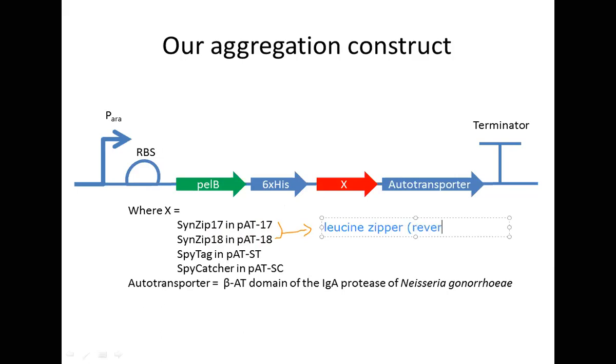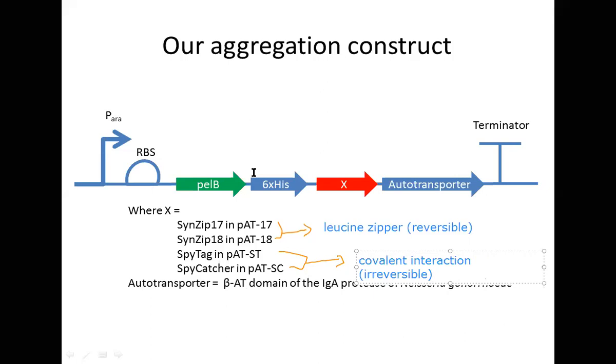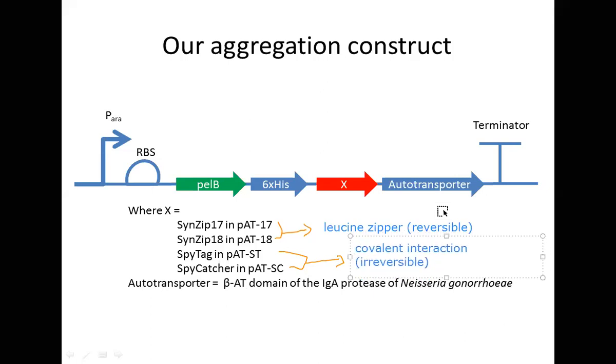So this is a reversible interaction, and then SpyTag and SpyCatcher, which, as we've previously said, results in a covalent interaction, which is irreversible. All right. Okay. The autotransporter in this case, I think this is actually a mistake. I need to correct it in my notes. But there is a type of protease in Neisseria gonorrhoeae, which allows you to stick this sort of stuff on the surface. Okay.